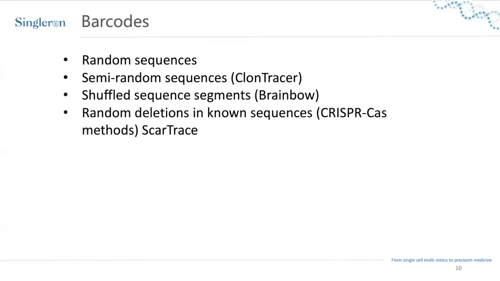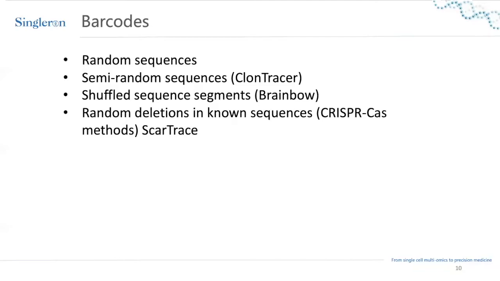So what is a barcode? A barcode is basically just a nucleotide tag that you can add to your reads. In this case, a barcode serves one purpose, in that you are able to trace your transcripts back to the cell of origin. You can have random sequences, semi-random sequences, or shuffled sequence segments.